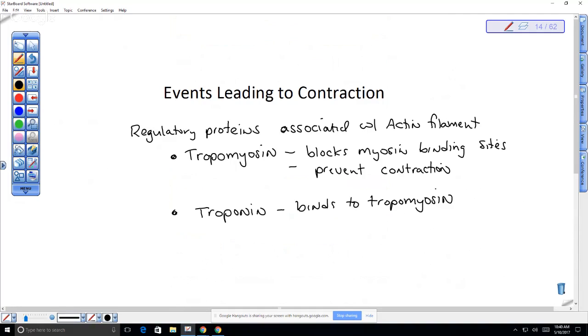Okay. It also binds calcium. So calcium ions have a +2 charge, they're an ion.